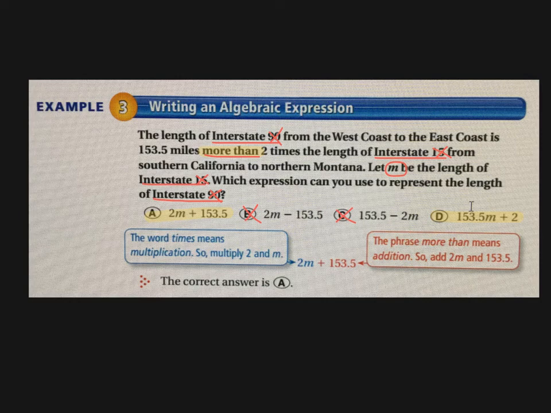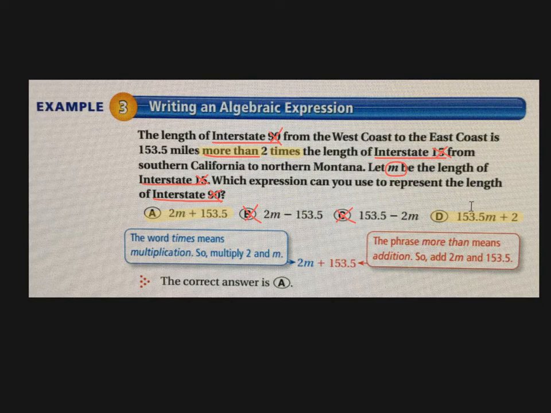So because of that, we have to look for more keywords. The other keyword that I see in there is times. So we have 2 times the length. And if you look back at your table, you'll see that the word times shows up under multiplication. So let's look down at our possible answers here.